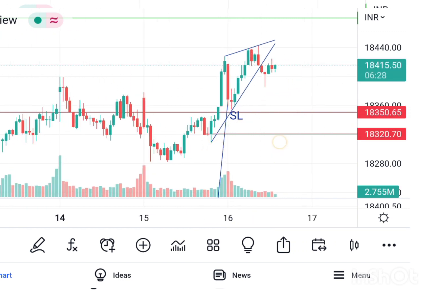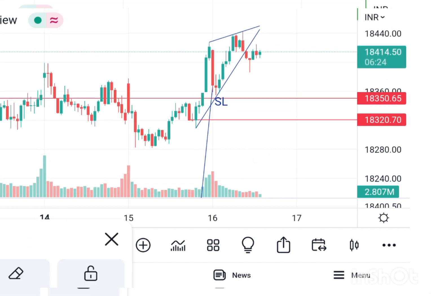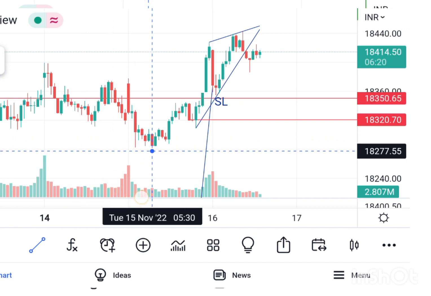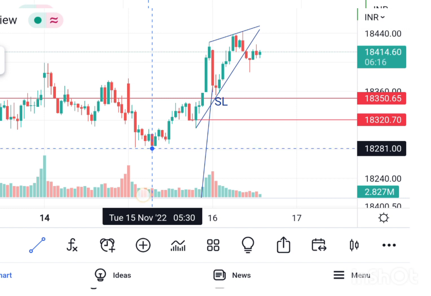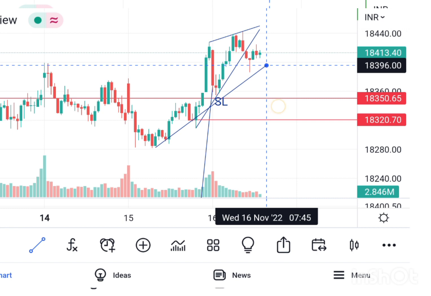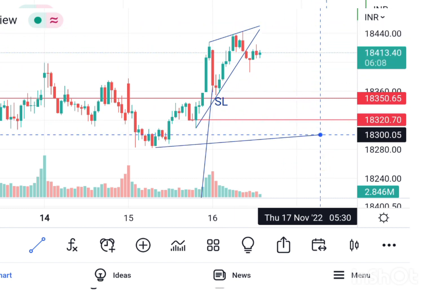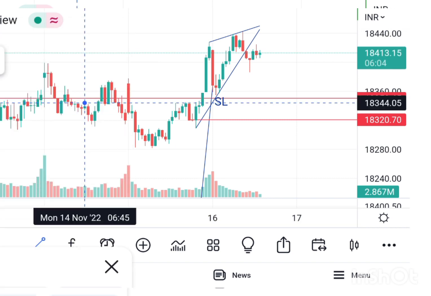If I try to put a trend line here, I'm not sure. Yeah, as I said, the trend line could be from here.